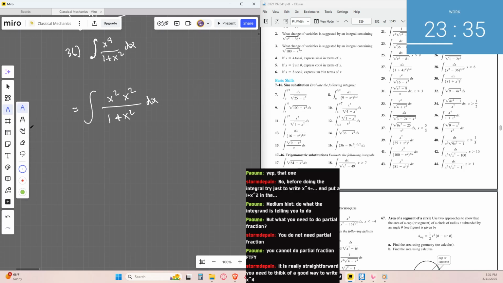Another way is this way. What else? What other ways can we write it?